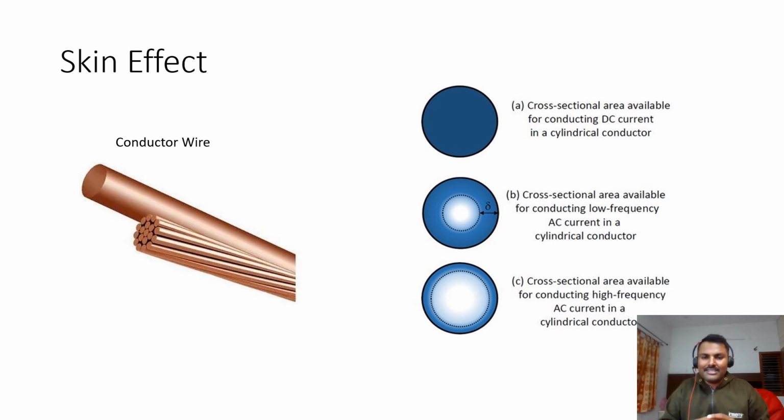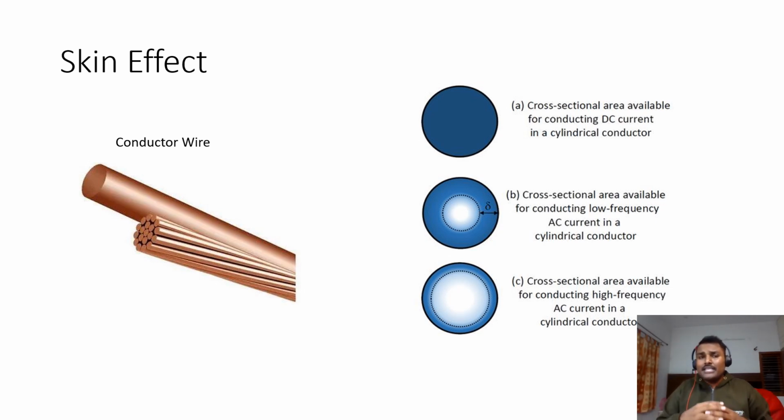In the darker image on the right side, the cross section area is fully involved in the electron flow, meaning current flow. If we flow DC current in the wire, the cross section area is fully utilized by the current.